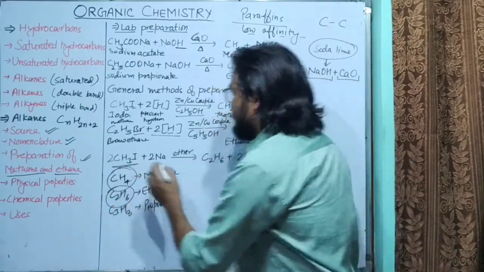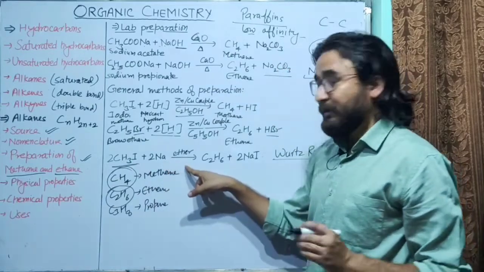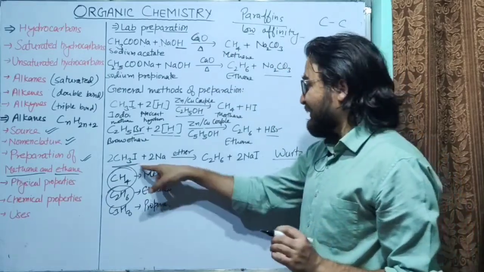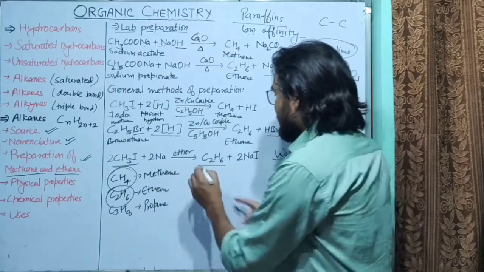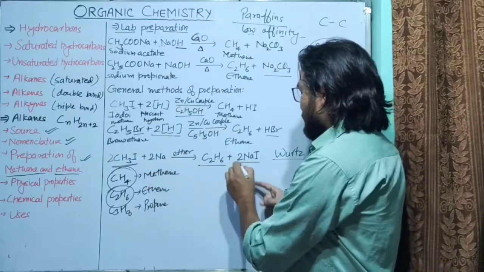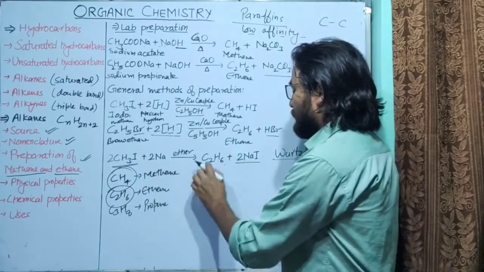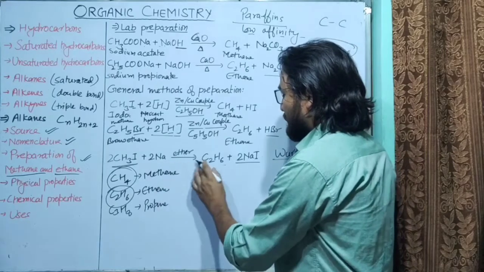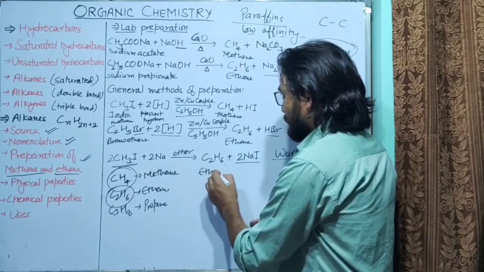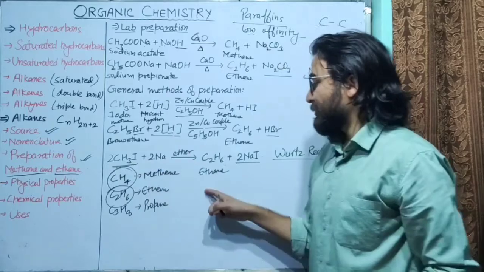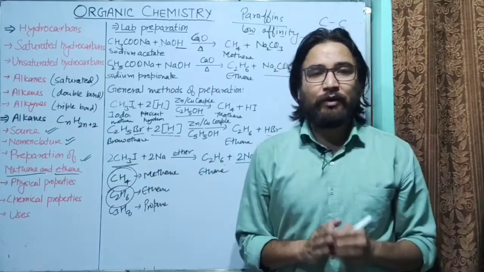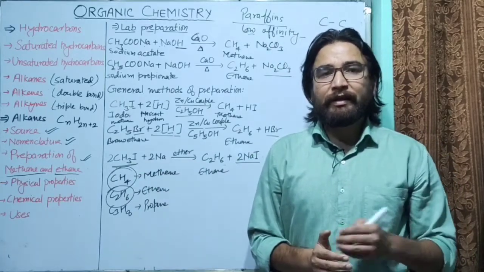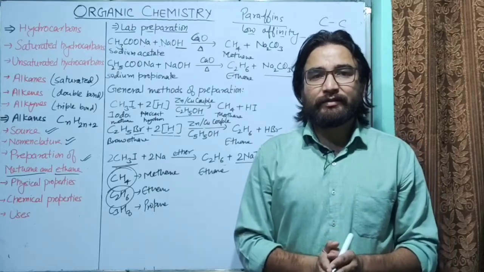So iodomethane is treated with sodium in the presence of ether, and what will we get? C2H6 plus sodium iodide. So this is how we can prepare ethane from iodomethane. I hope you have understood how to prepare methane and ethane by various methods.